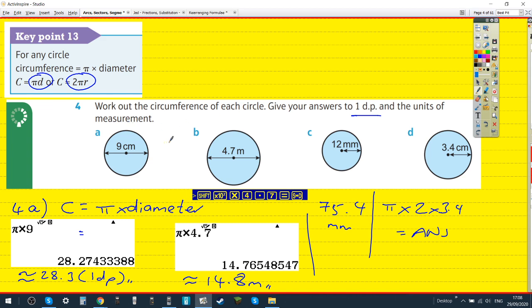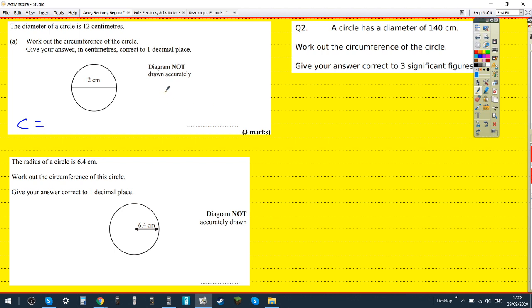Like the first two? Oh, okay. So you do pi times diameter, which is 12, and that is... so how many decimal places? 1. Okay, so the answer is 37.7.